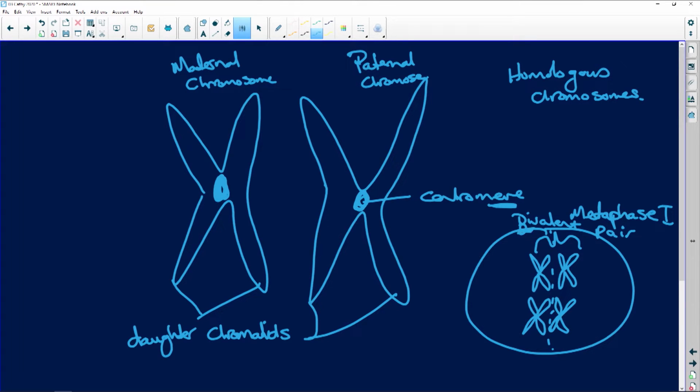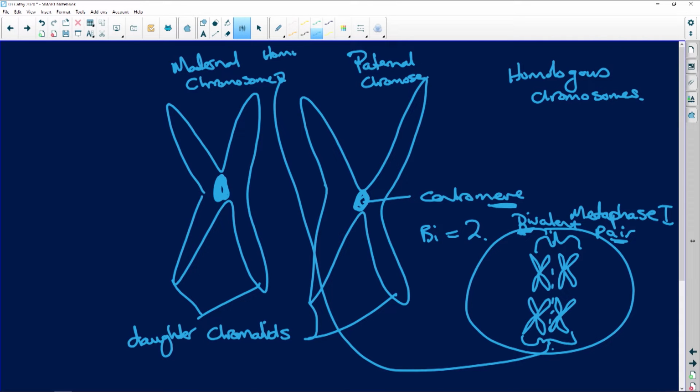Bi means 2. A bivalent pair means that those 2 there are your bivalent pair as well. They are your homologous chromosomes.